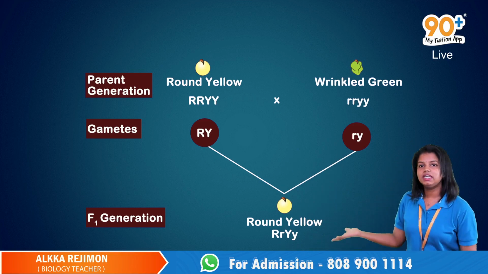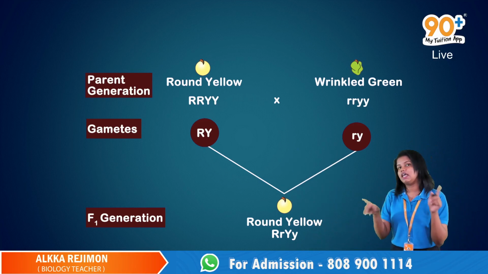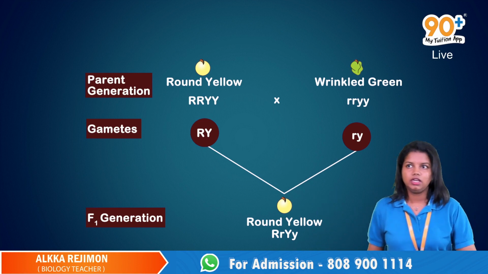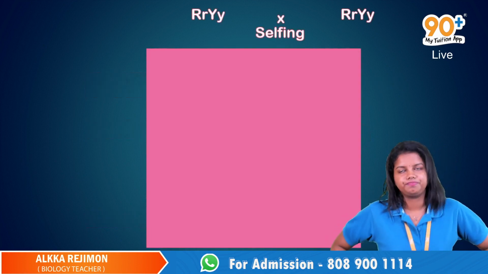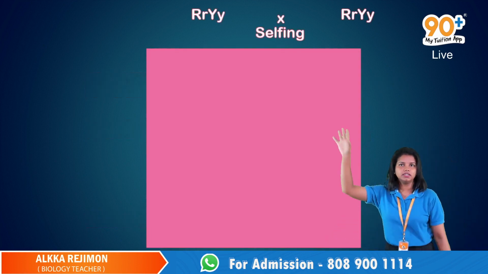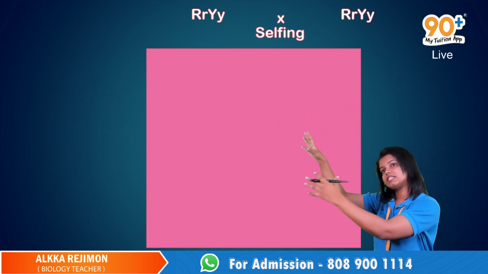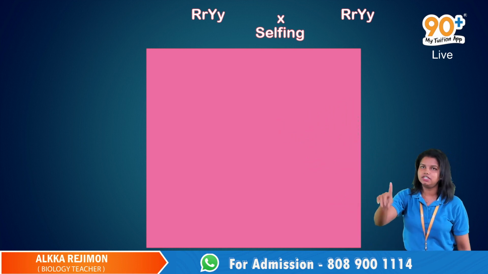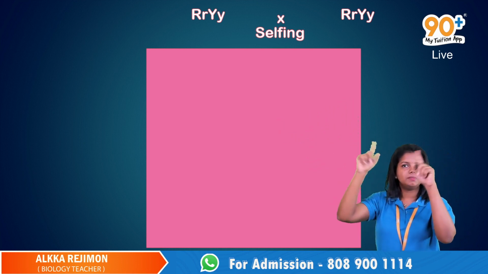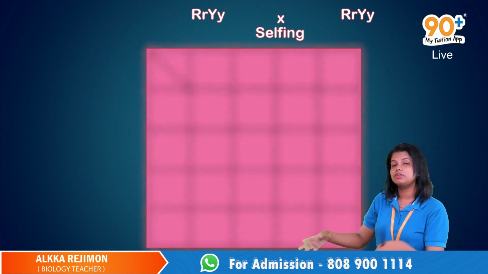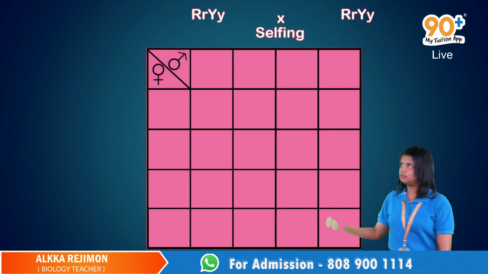Now we have to take this F1 generation and self it. Let's self it. So here it is, our capital R small r capital Y small y, which is the F1 generation. If the F1 generation is selfed, how many types of offspring will you get? Let's see.